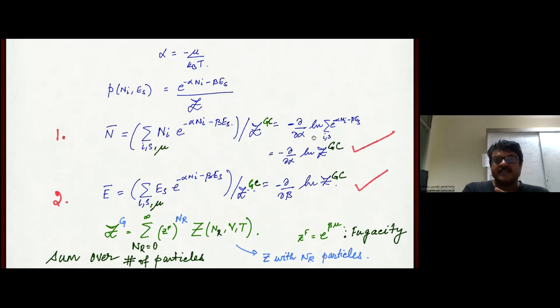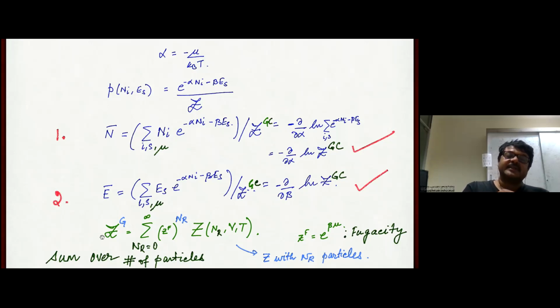Now you see that here you have minus alpha N_i, right? And the partition function Z_GC can also be written, for a particular number of particles N_i, where you are actually summing over a very large number of microstates where the energy is fluctuating.